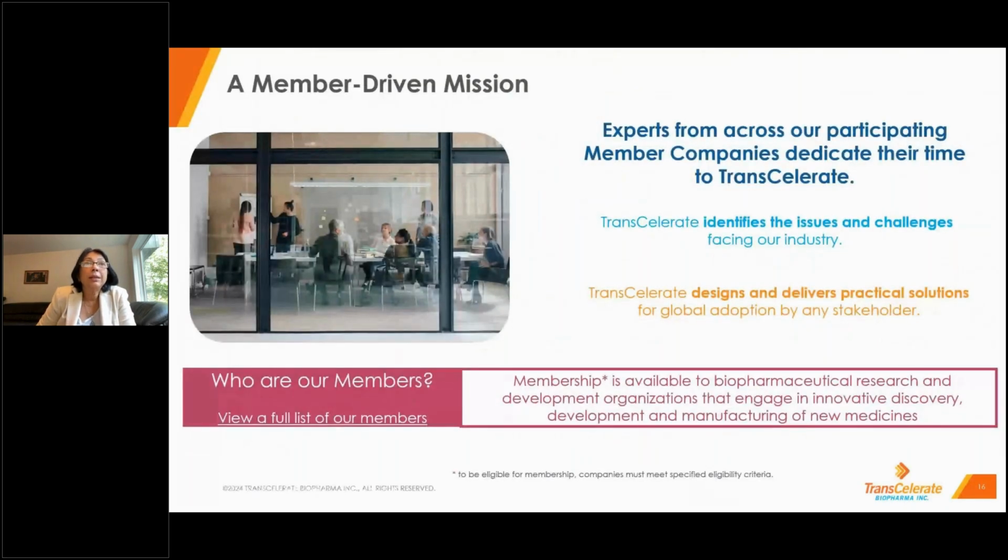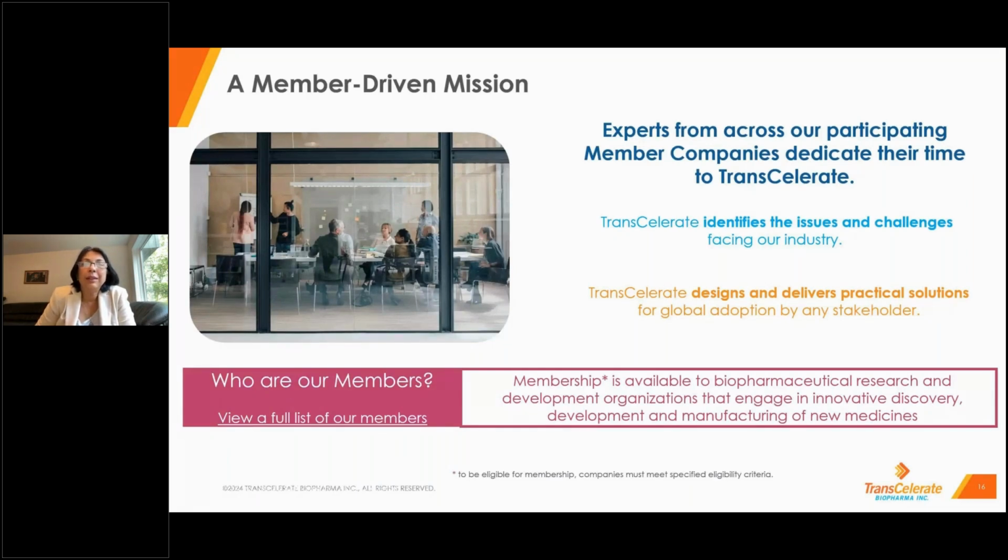So TransCelerate has designed, developed, and delivered more than 400 solutions and implementation tools to address the R&D ecosystem pain points and seek transformational opportunities. Most of these solutions are free for public download and use if you go to their site.